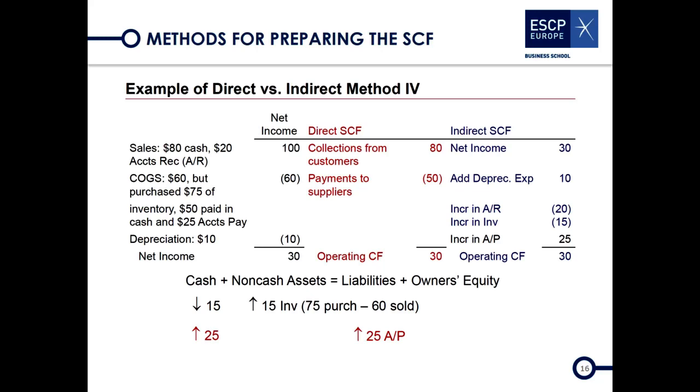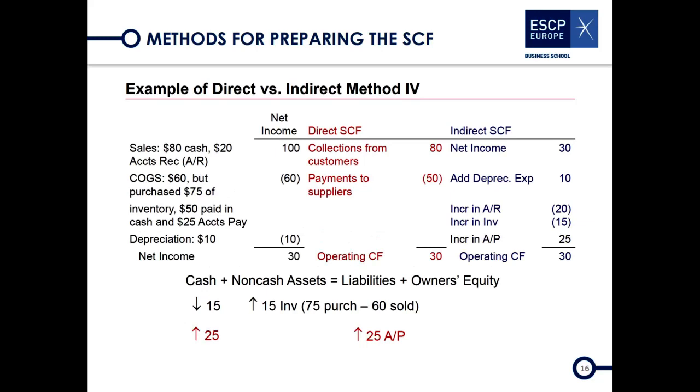Right? And this is what you see in the direct statement of cash flows. Collections from customers are still 80, but the payments to suppliers now shrink to 50 because you only paid 50 and not 60, because although you purchased 75, you only paid 50 and 25 is accounts payable.